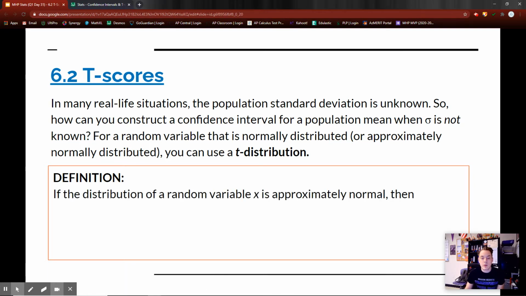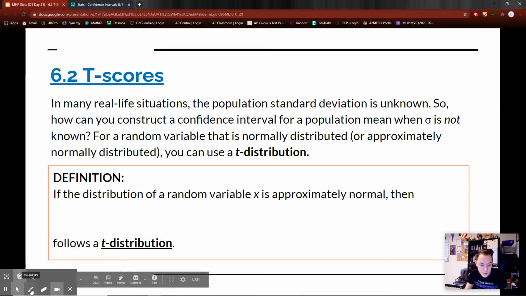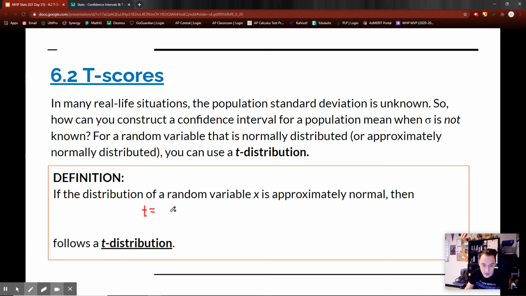What is the t-distribution? If the distribution of a random variable x is approximately normal, then this formula follows. I'm going to give this formula to you. It will say t equals my sample mean minus my population mean, all over my sample standard deviation divided by the square root of n, which is my sample size. So what are all these variables?